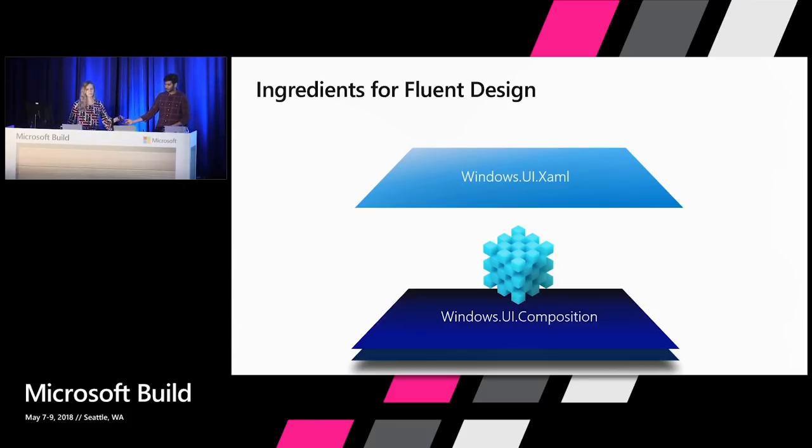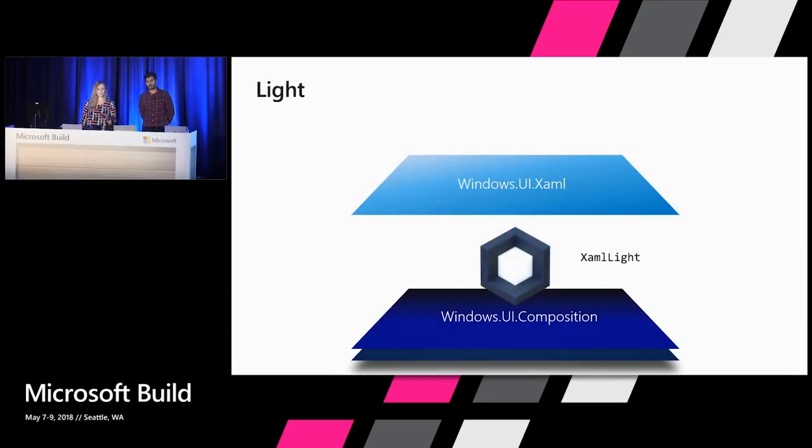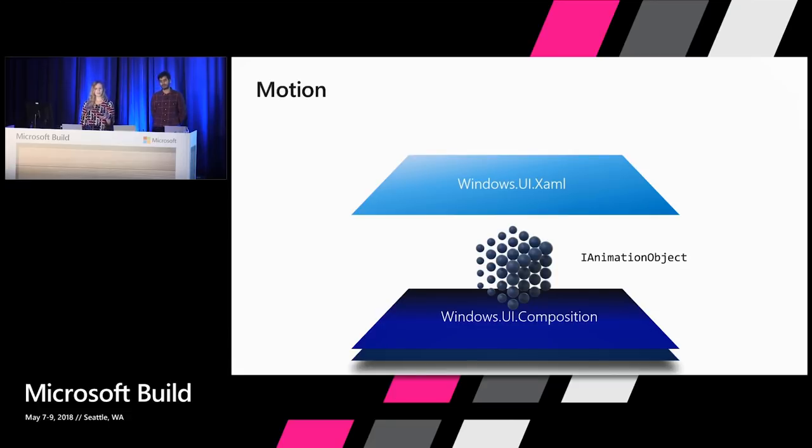The fundamentals of the Fluent Design System exist as primitives in the visual layer, which are accessible to anyone using the XAML framework through several points of API interoperability. For instance, you can add reflectance to your UI elements using XAML Light. You can create filter effects and materials to paint your XAML content using the XAML Composition brush. You can target your XAML properties with animations from the visual layer.